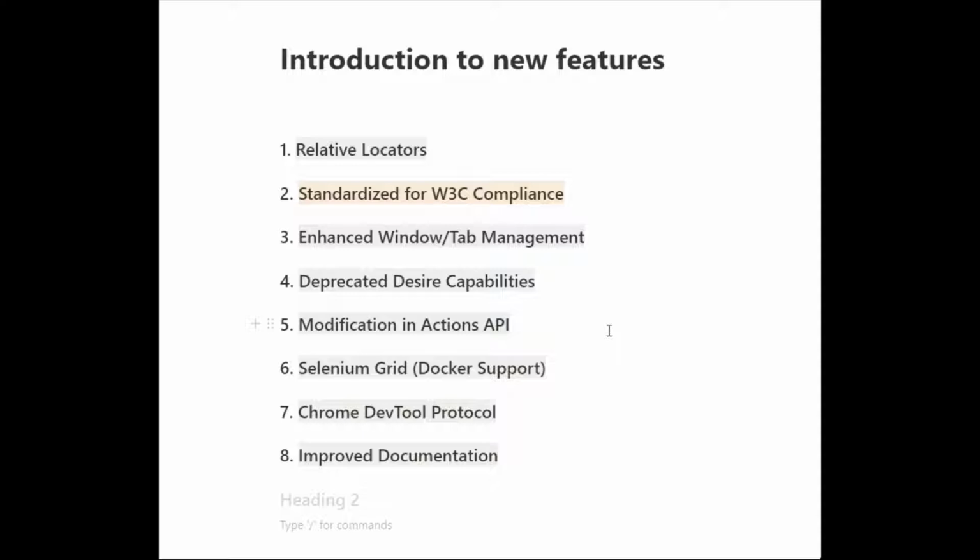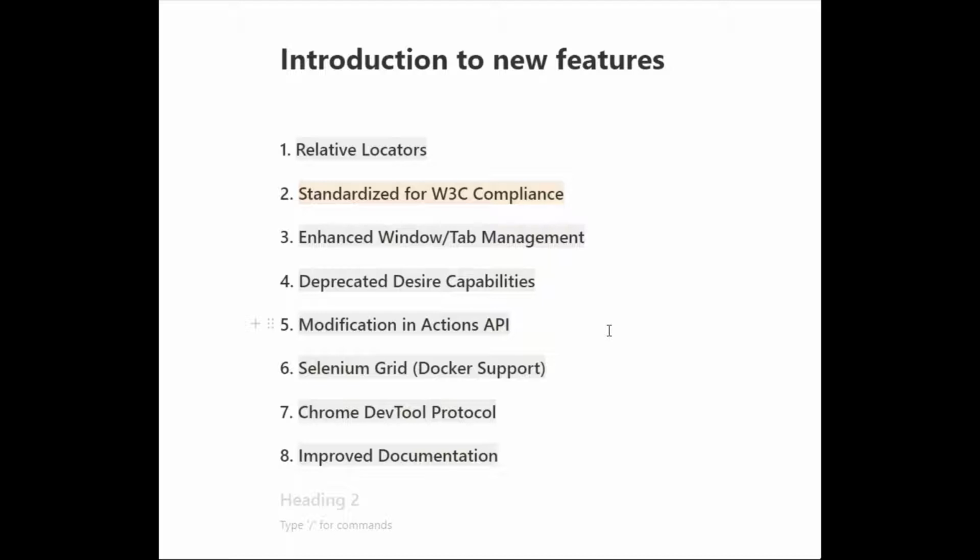The next feature is W3C standardization for the WebDriver API. Guys, this is the biggest architectural change in Selenium 4. Let me explain it if you are not able to get it. In earlier versions of Selenium, the JSON wire protocol was responsible for the communication between real browsers and the test code that we have written, which means you needed to do encoding and decoding of the API.